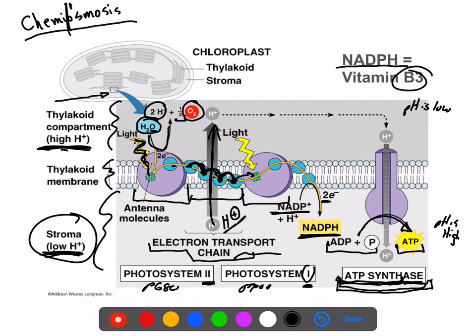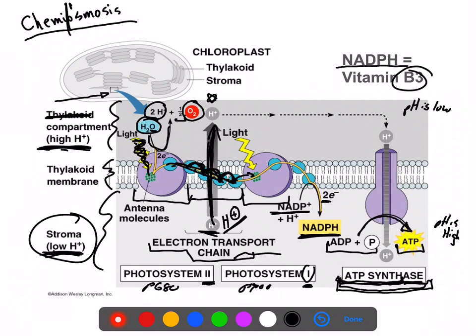A positive charge. And what that does is it neutralizes the electron. So when you pick up an electron, you also pick up a what? A hydrogen. When you lose your electron, you also lose your hydrogen. Except you don't put the hydrogen back where you got it from. You don't put it back in the stroma. You put it instead up here, inside the thylakoid.